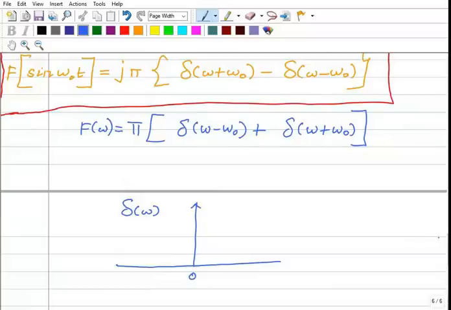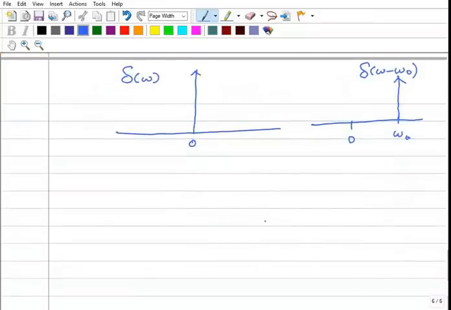Delta omega minus omega naught means the signal is supposed to start at 0, but it is delayed by an amount omega naught. This is delta omega minus omega naught. This one, the signal is supposed to start at 0, but it is starting earlier by the amount omega naught. So it will be something like this.